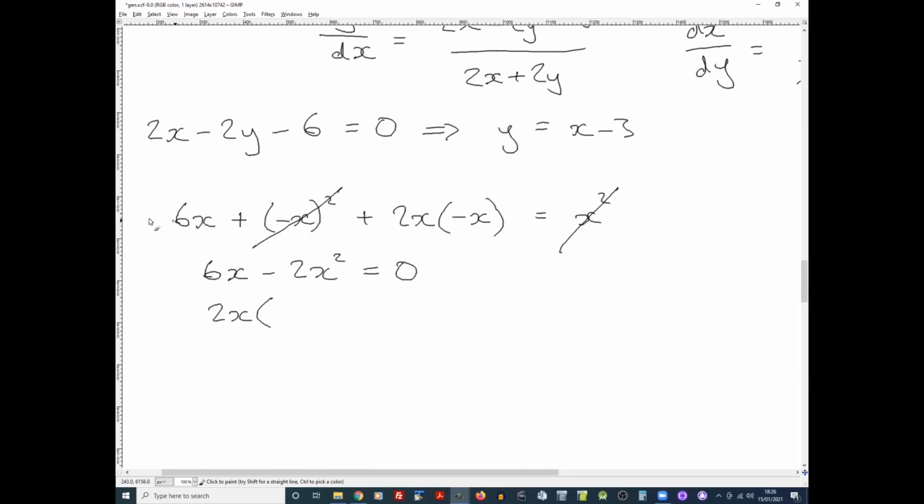What's the closest you've got to this line? Just read your line out. I have 6x plus minus x squared plus 2x. When you write minus x squared, are you writing it like this? Oh, whoops. Oh, because it's like that. That is ambiguous, you see. You need those brackets. All right, cool.